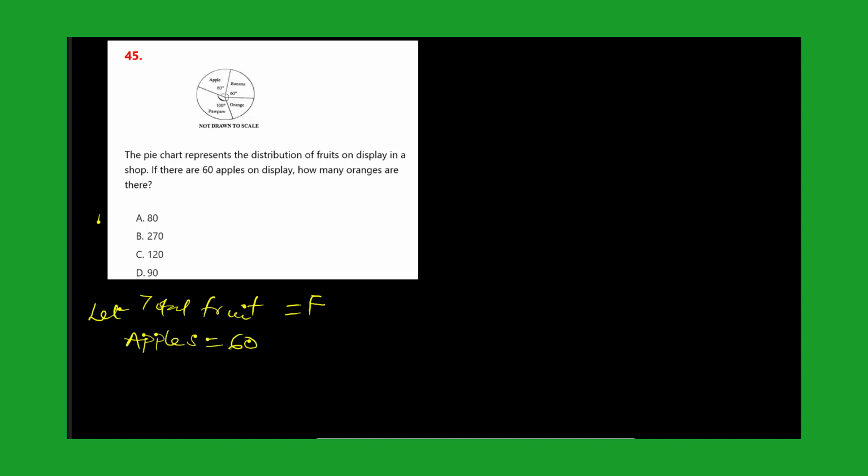For us to find the value of total fruit in the shop, we will need to use the value of apple and the value of the pie chart.